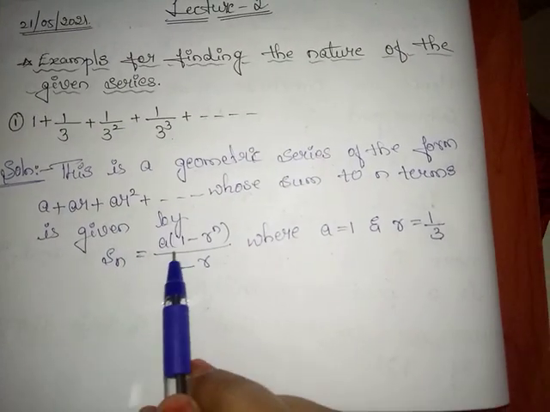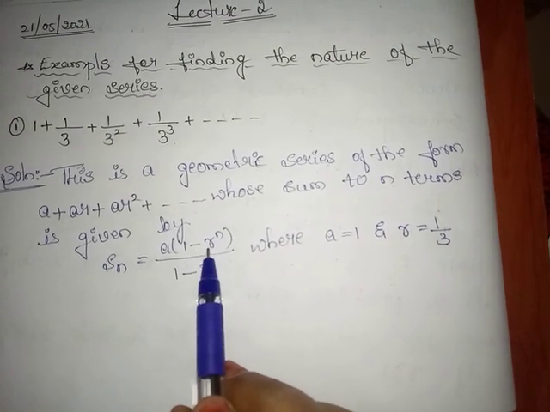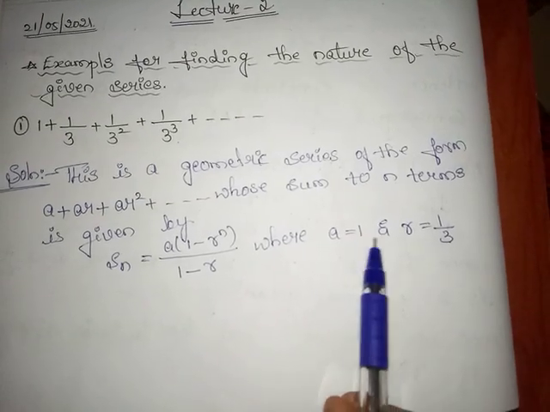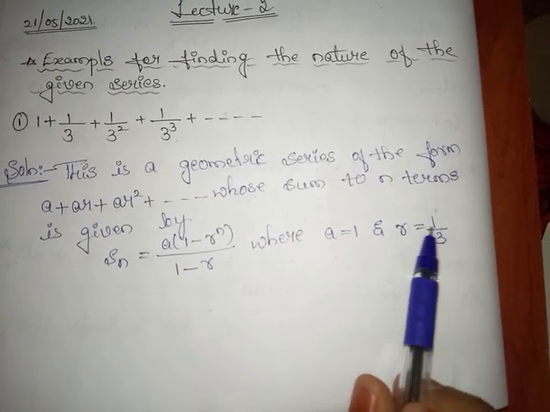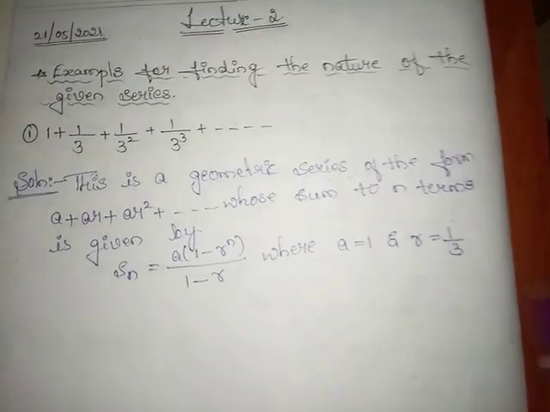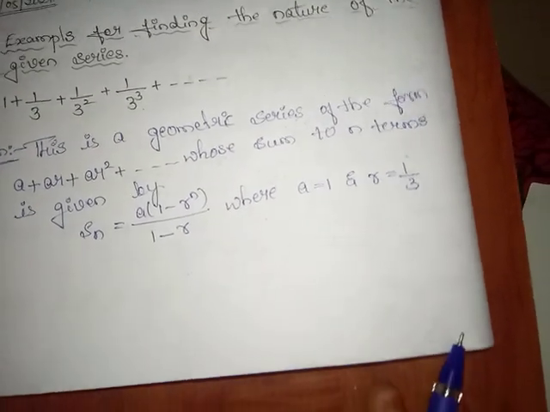Therefore, Sn is equal to a into 1 minus r raised to n divided by 1 minus r, and the value of a is 1, r is 1 by 3. 1 by 3 is less than 1, so we have to consider this result.